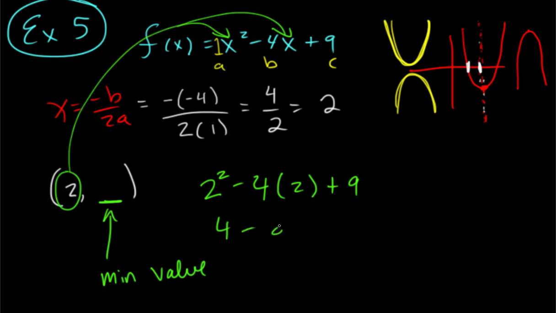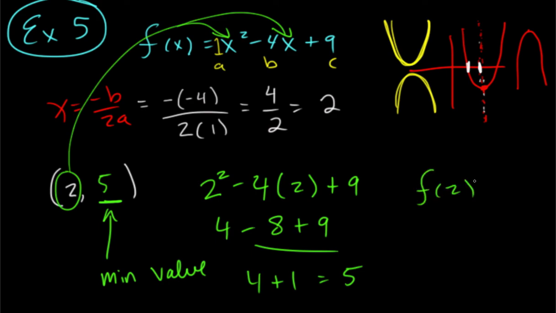So that's 4 minus 8 plus 9. It's going to be 4 plus 1. That gives us a 5. Okay, so the minimum value occurs at f of 2, and that minimum value is 5.